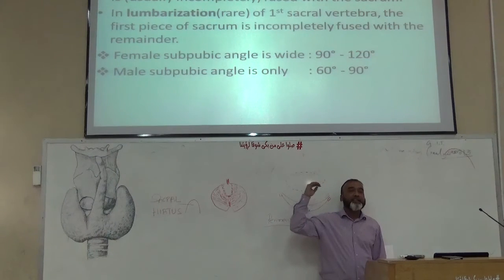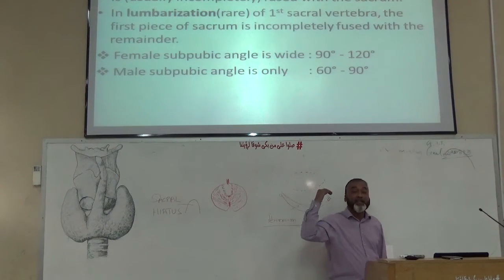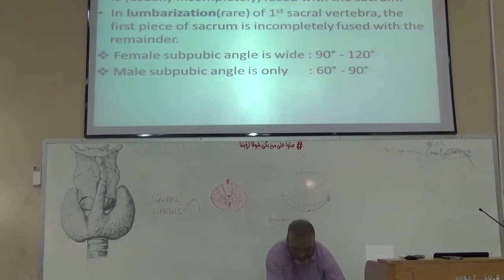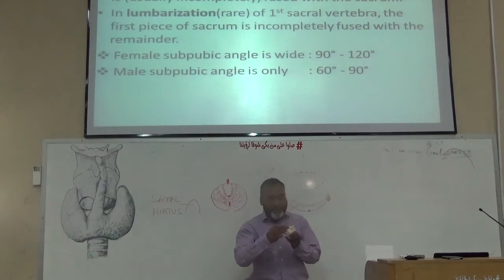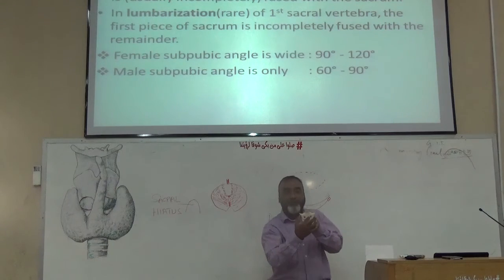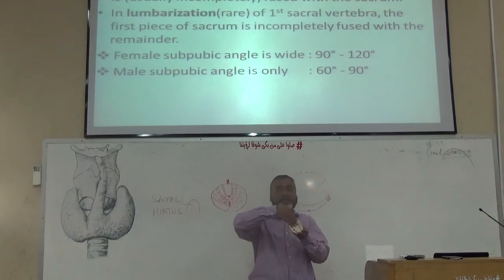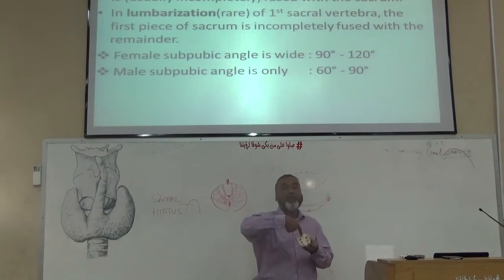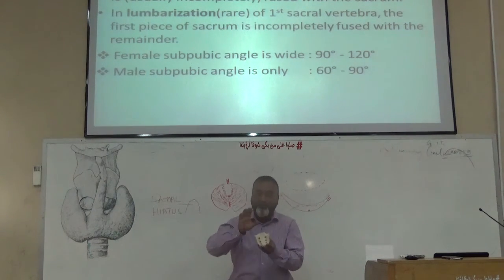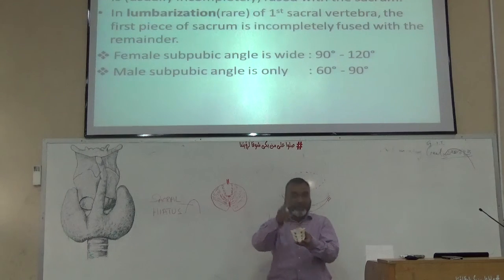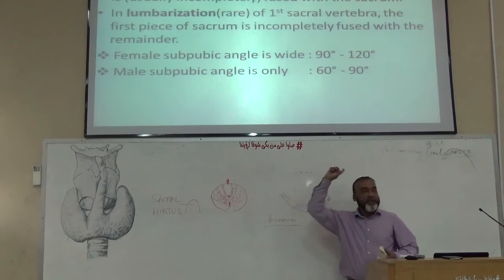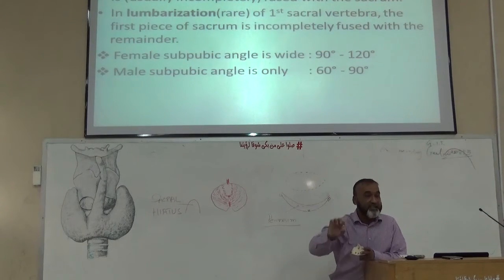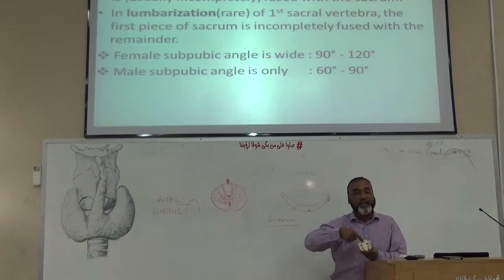And there is another condition named lumbarization of the first sacral vertebra. The first sacral vertebra, you will see in some bones, is not completely fused with the second. It is seen to be part of the lumbar vertebra. So this is named lumbarization of the first sacral vertebra. So remember the two terms: sacralization of the lumbar vertebra and lumbarization of the first sacral vertebra.